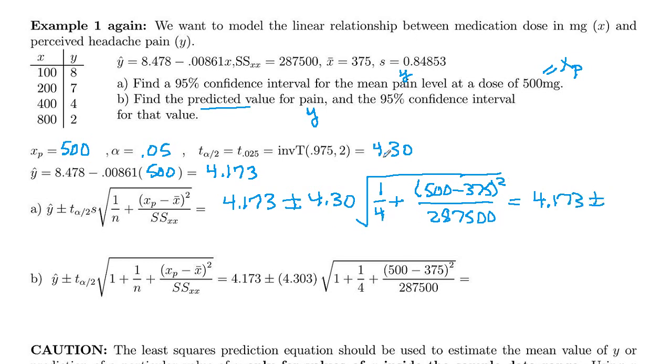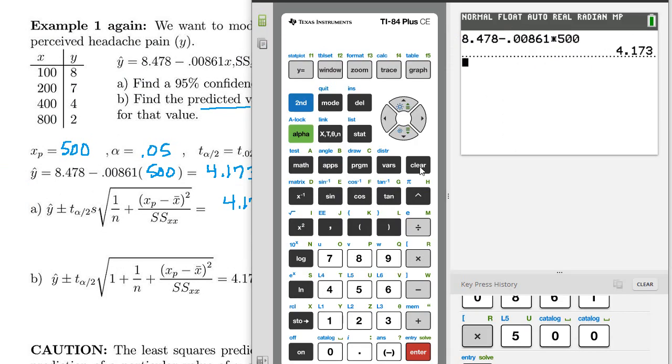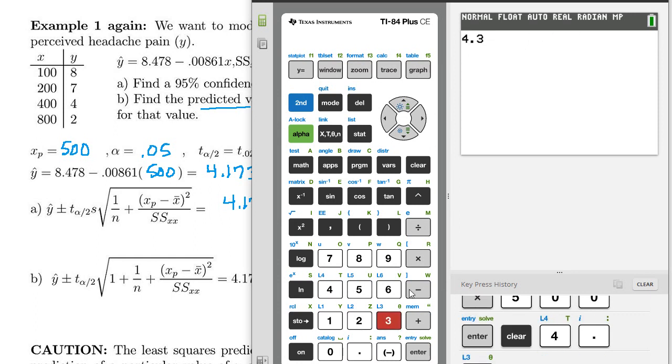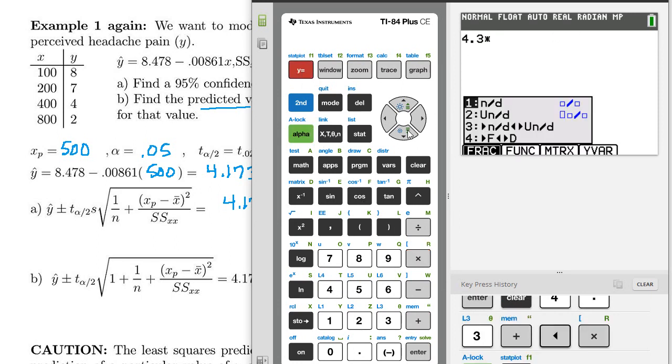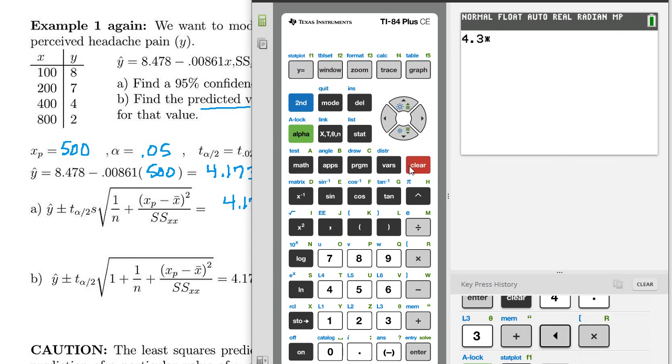Let's compute this, our standard error. So that is going to be 4.3 times, and, no, I'm sorry, that's not what we want. We want the square root here.